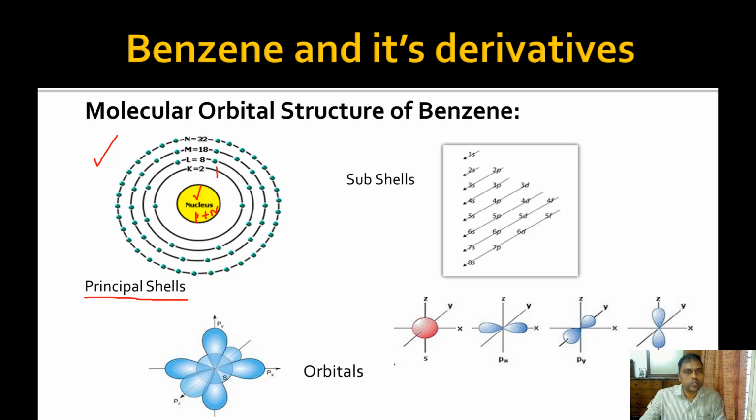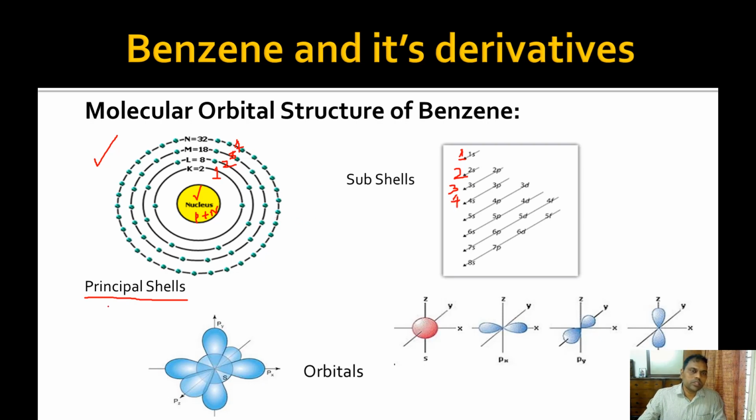This is principal shell 1, this is 2, this is 3, this is 4. Of course they are named K, L, M, N, and it goes on like that.